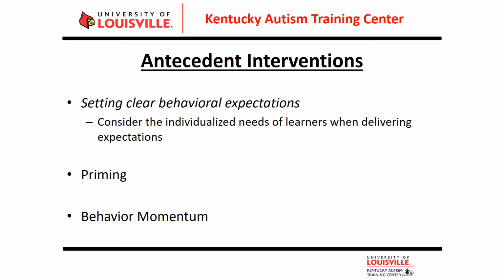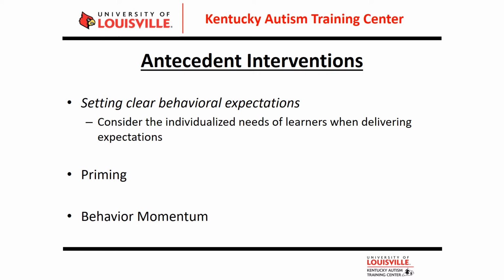So the first one is setting clear behavioral expectations and making sure that we teach those expectations to the student. For our students with autism, those behavioral expectations may need to be made as concrete as possible. And the other thing to think about is when we're setting behavioral expectations, our students work with a large variety of adults sometimes.